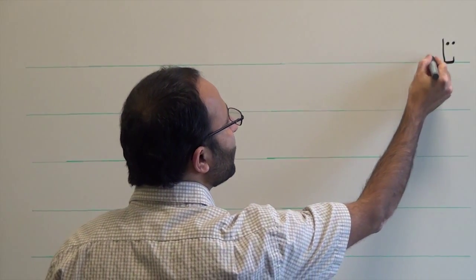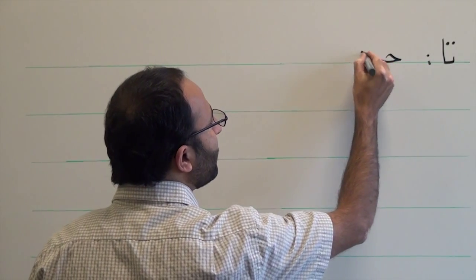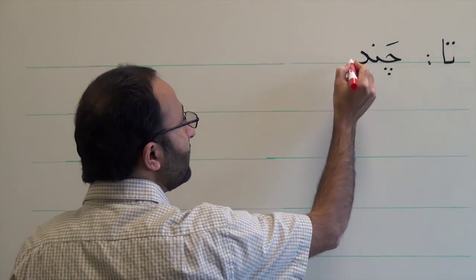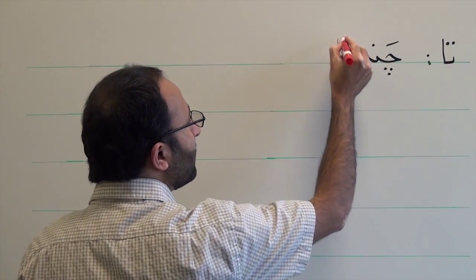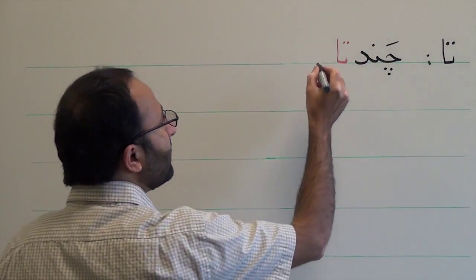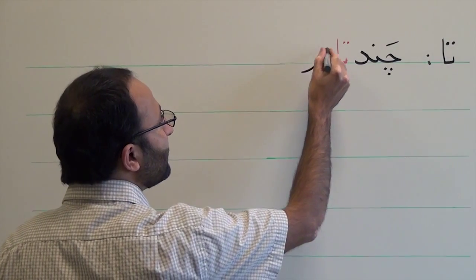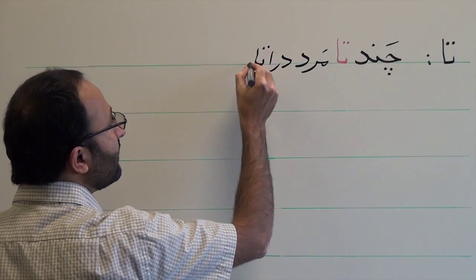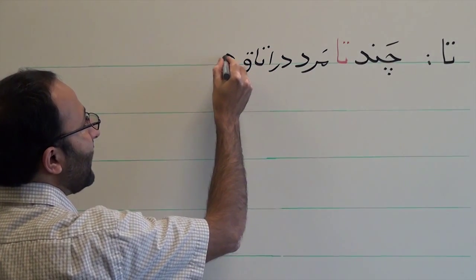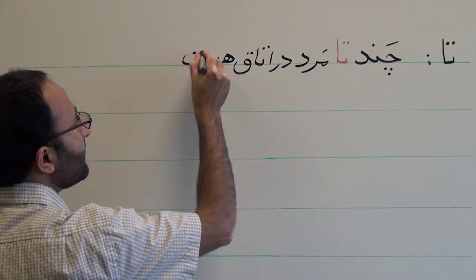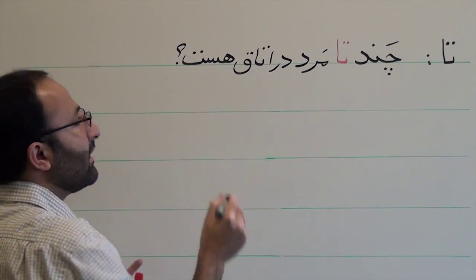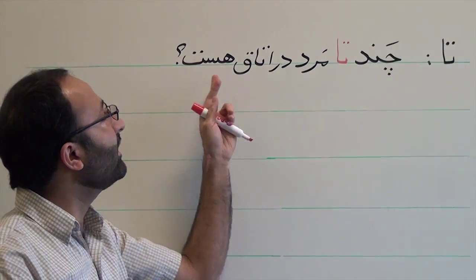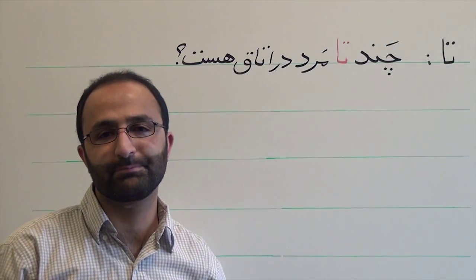Let's look at this example. چند تا مرد در اتاق هست؟ How many men are in the room?